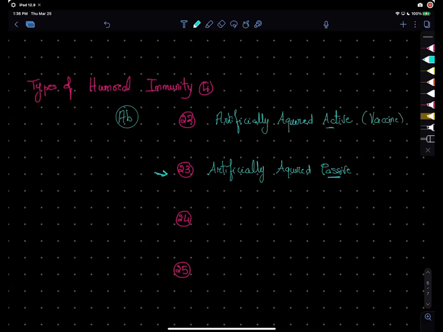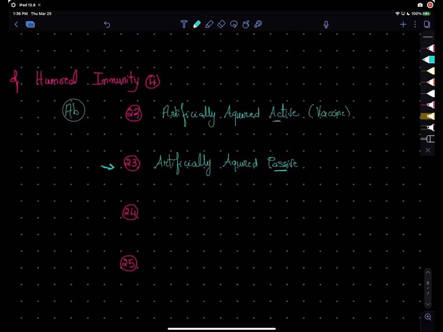With this immunity, would I develop memory, getting this kind of protection? No. So here I'm relying on preformed antibodies, artificially acquired. I get an injection of those antibodies.